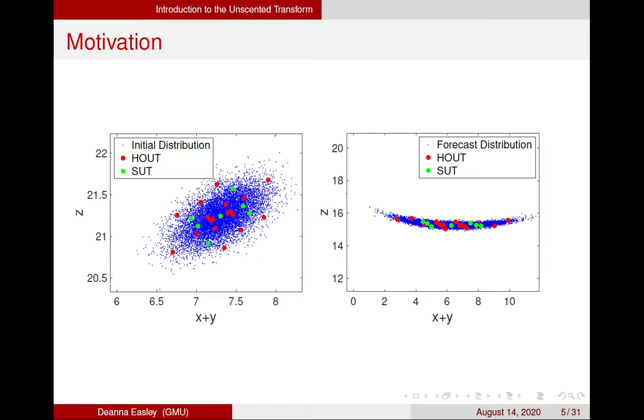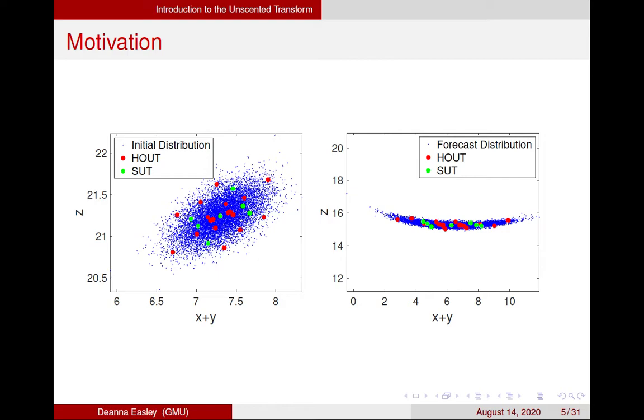We would wish to summarize the given distribution with a small set of points. In the example shown, the sample size of the distribution is 10,000. Rather than evaluating all of the 10,000 samples in the function, we wish to use a small ensemble to reduce the runtime.